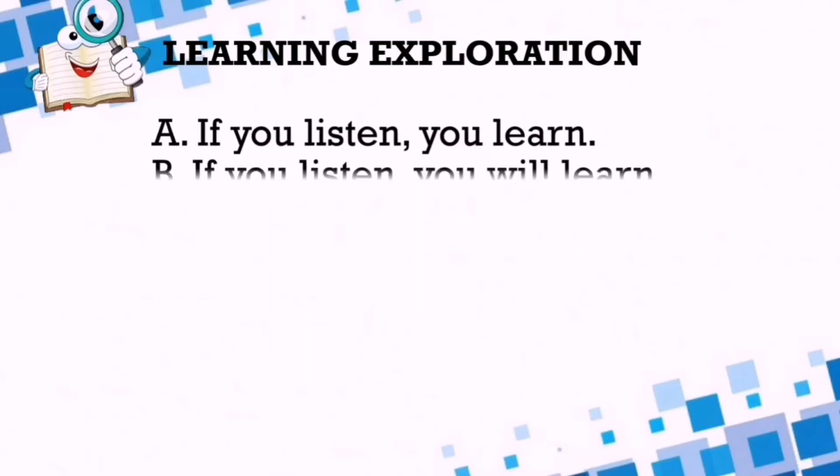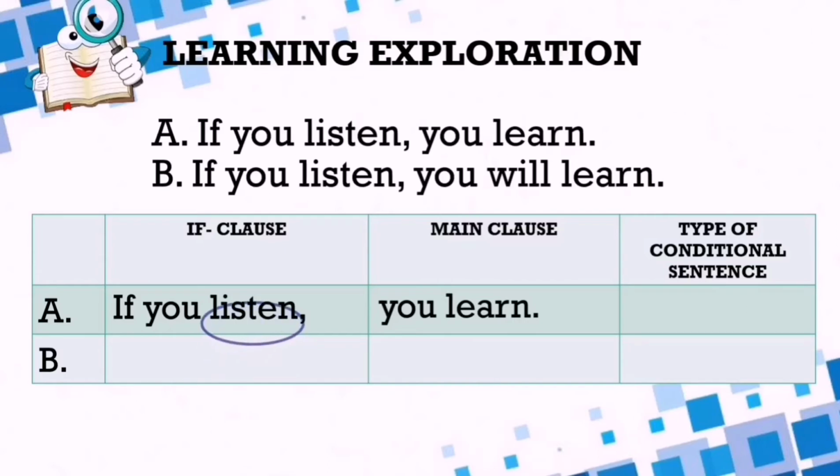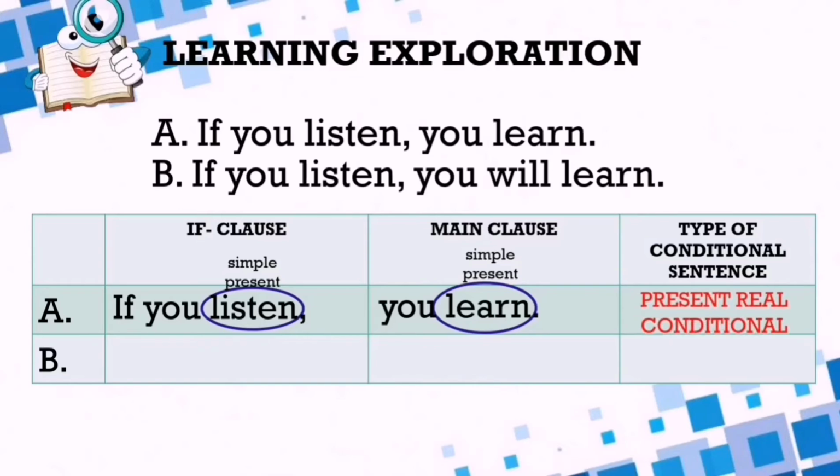A. If you listen, you learn. B. If you listen, you will learn. For sentence A, the if clause is if you listen, and the main clause is you learn. The verb listen is simple present, and the verb learn is simple present. In this example, the pattern is simple present and simple present, so this sentence is an example of present real conditional.